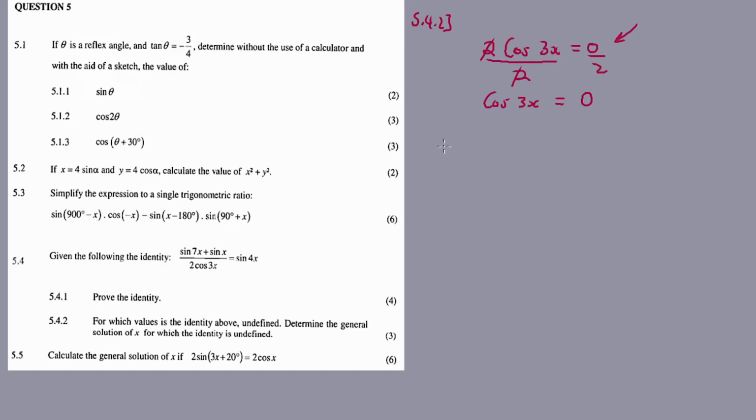So the general solution here, cos 3x is equal to 0. You don't need a reference angle for the general solution, but instead you want the points where your graph of cos 3x is 0.